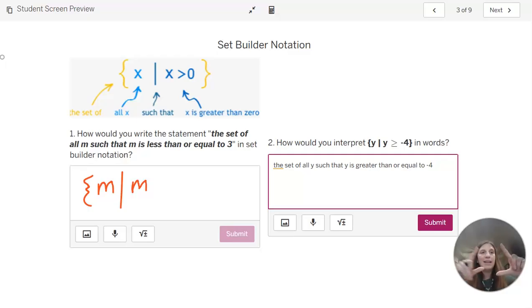So I'm going to hold up my hands. I'm going to get my L, and I know my symbol has to go this way for less than, and because it's equal to, it needs a line underneath it. And then I'm putting the number 3 there. Whoa, that's a funky looking 3. And then we finish out with our squiggly brackets. I'm sure that has a better name than squiggly brackets, but that's what I'm going to call them. All right, so that's how you would write that.